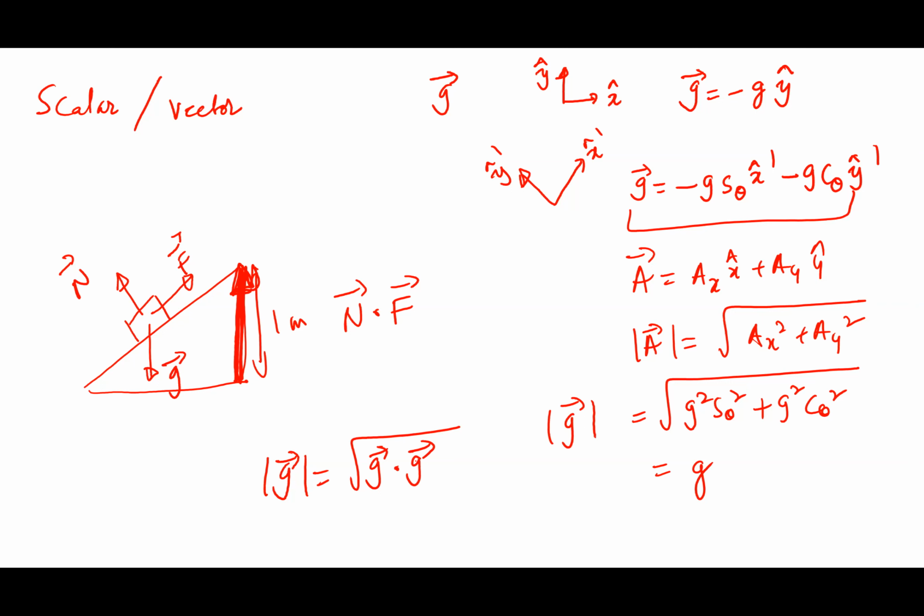Okay, so now we're going to define something new. We know from Newton's second law that F is equal to dP by dt. That is, force is the ability to change the impetus of an object. So from Newton's second law, F is equal to dP by dt.